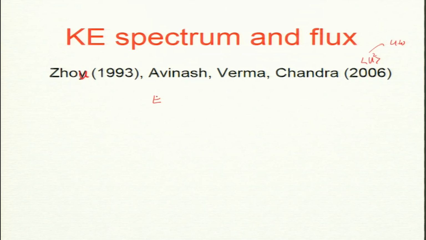So, this was what was proven, and so the spectrum is the same as Kolmogorov. So, E_u(k) is Kolmogorov epsilon to the 2/3 k to the minus 5/3, irrespective of helicity H_k. Is it clear? The statement is clear.